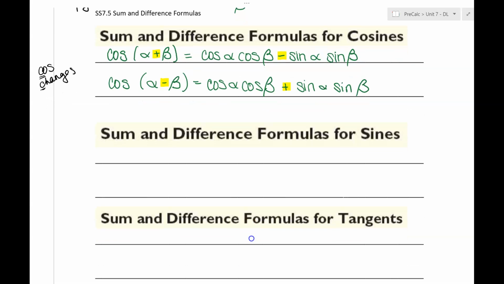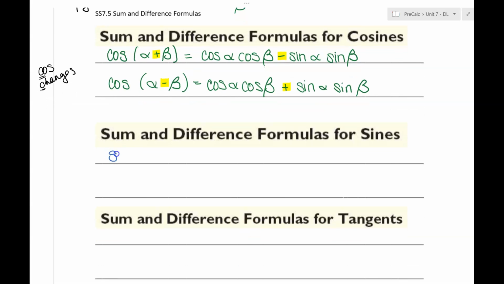Okay? For sine, it's kind of similar. So if we have sine of the first angle plus the second, that's going to be the sine of the first angle times the cosine of the second plus the cosine of the first angle times the sine of the second. Okay, that's for the sum. For the difference, we have the sine of alpha minus beta.